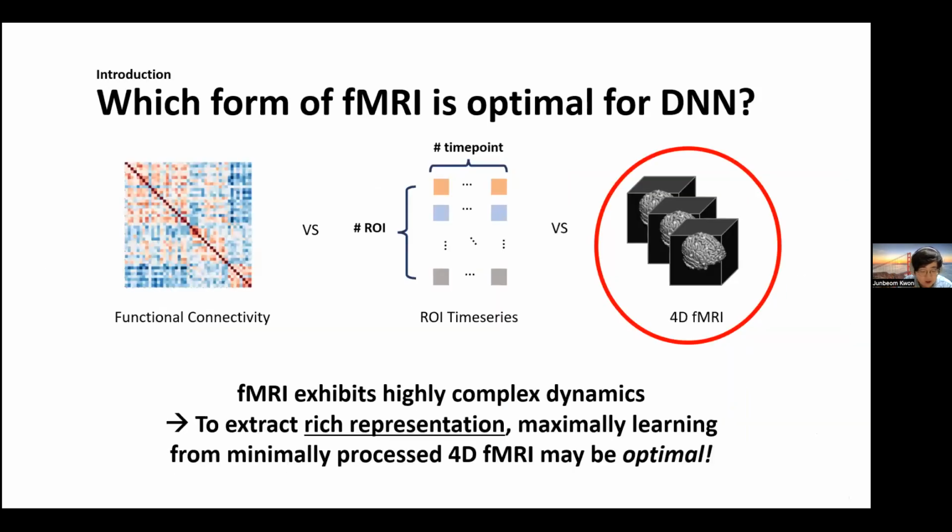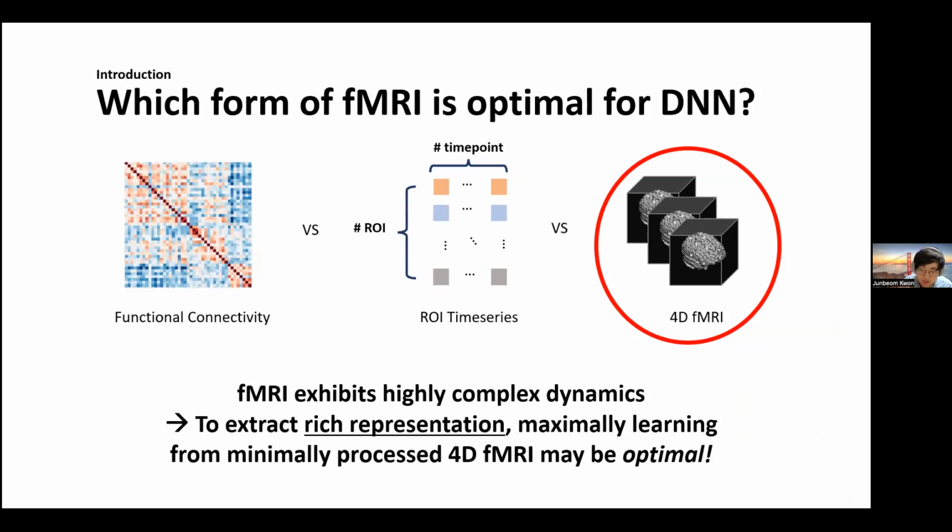Let me briefly explain the fMRI data. fMRI consists of sequences of volumes. It is high-dimensional data with a low signal-to-noise ratio. To increase the signal-to-noise ratio, previous research in neuroscience has reduced the dimension of fMRI using predetermined brain templates. However, depending on the type of brain template, the performance differs a lot.